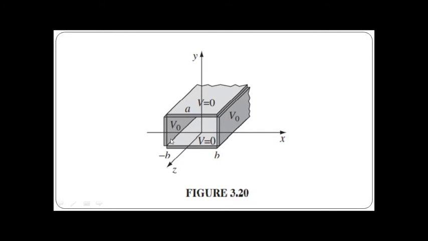There are two other conducting plates, at x is equal to plus b and x is equal to minus b. These two conducting strips are not at potential 0, but are maintained at some constant potential V0 here also, V0 here also.